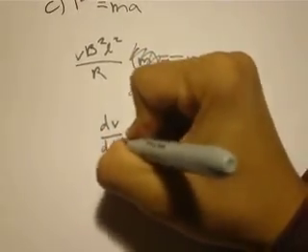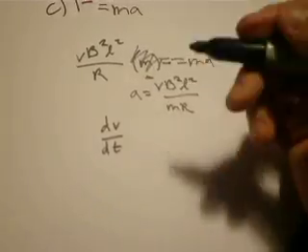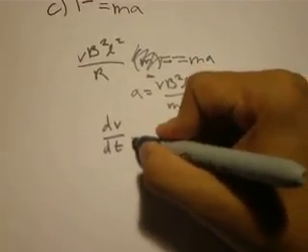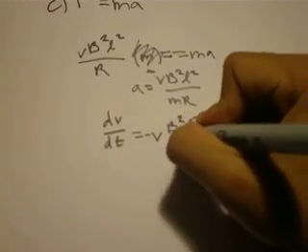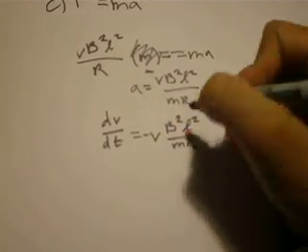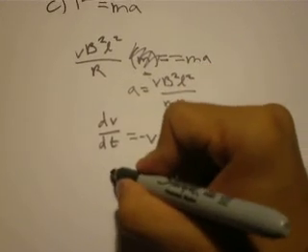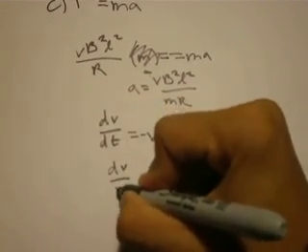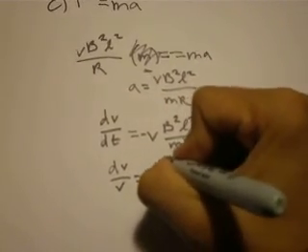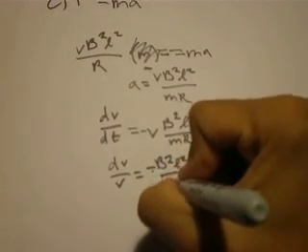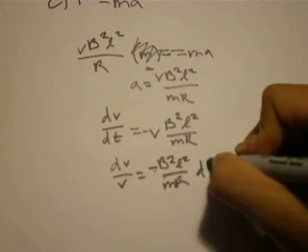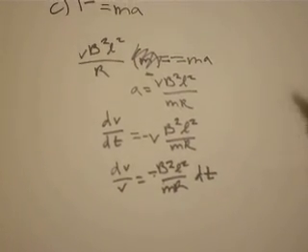Now we have to solve the differential equation: dv over dt equals negative v B squared L squared over m R. So then dv over v equals negative B squared L squared over m R dt. Separation.